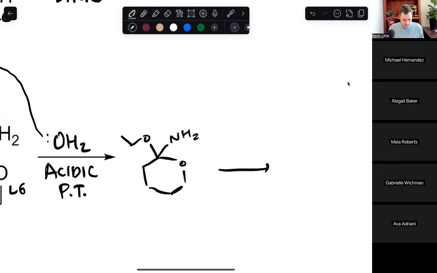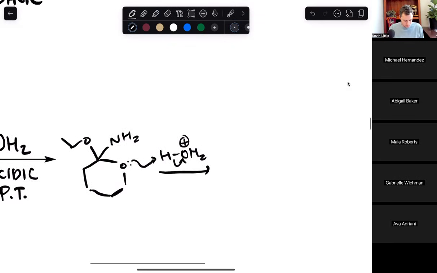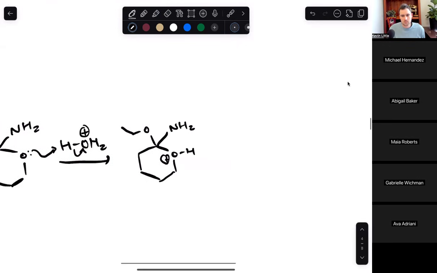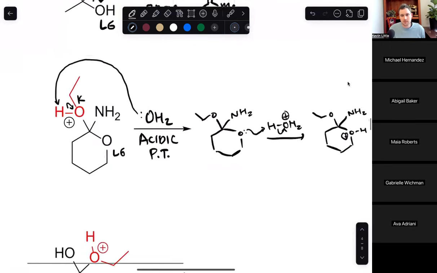And I'm going to give that extra proton to my leaving group. So that's my proton transfer.